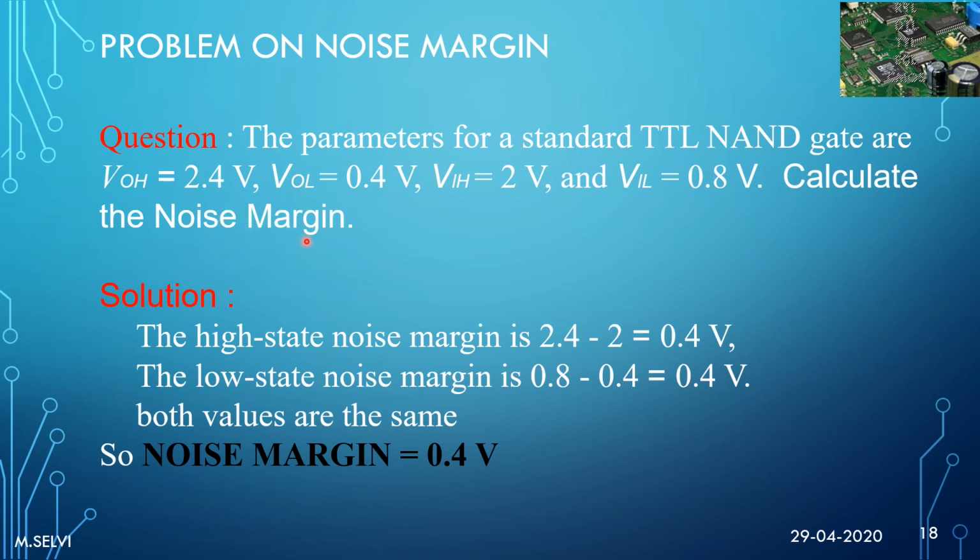To calculate the noise margin, we calculate the difference between VOH and VIH, that is 2.4 minus 2 volt, which is 0.4, or VIL minus VOL, that is 0.8 minus 0.4, which becomes 0.4. So here both the values are the same. In some cases it may be different. When they are different, whichever is the smaller one, we consider as the noise margin. So for this given standard TTL NAND gate, the noise margin is 0.4 volt.